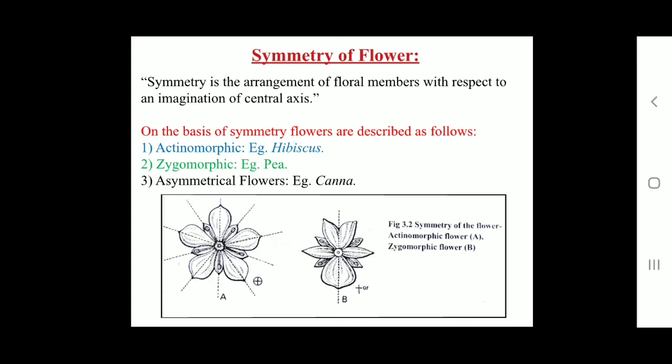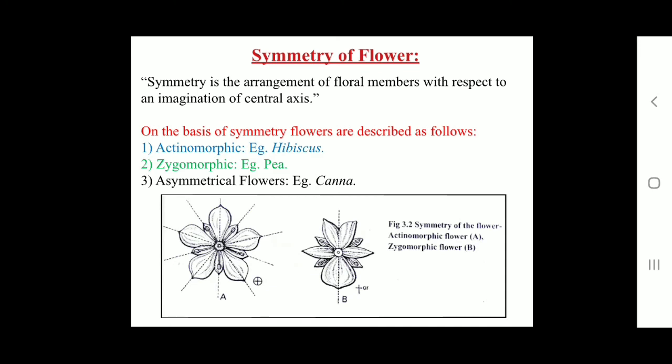Then second term, the zygomorphic flower. So see here, it is also called irregular flower. Hence, members of different floral whorls are not similar to each other and also not evenly distributed on the thalamus.